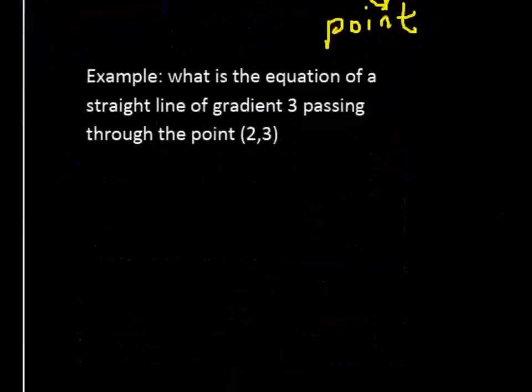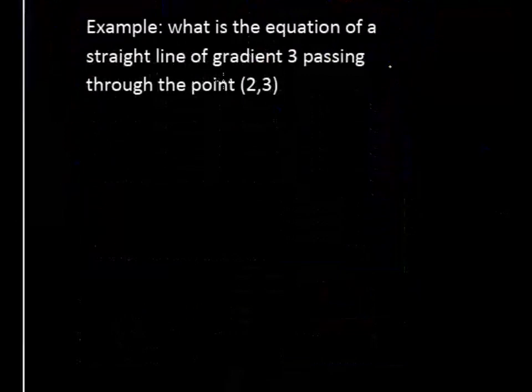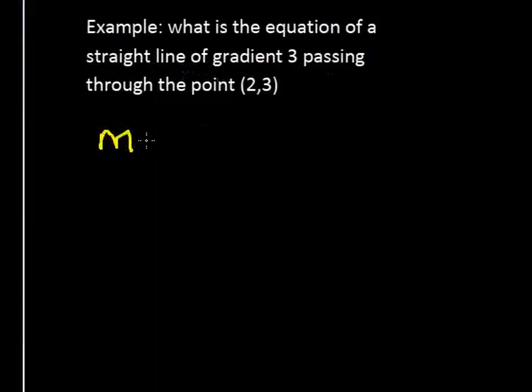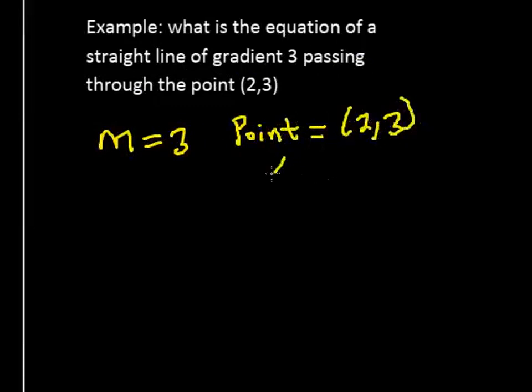So the question goes like this: what is the equation of a straight line of gradient 3, passing through the point 2, 3? So that simply means x1 is 2, and of course y1 is 3.